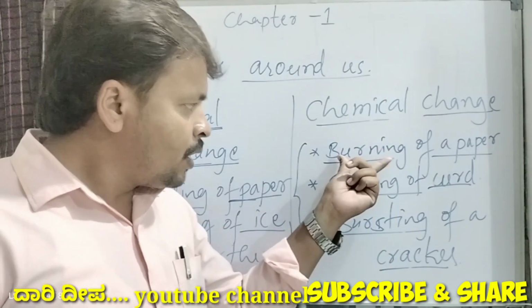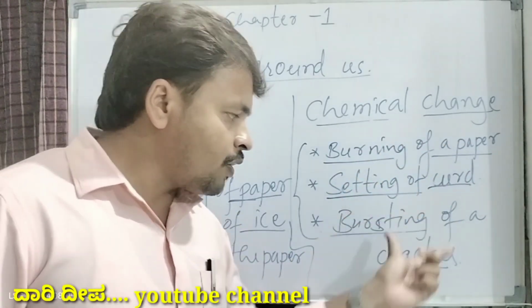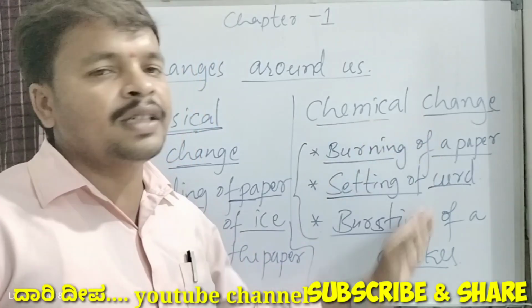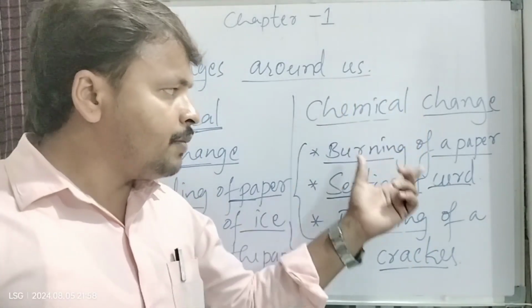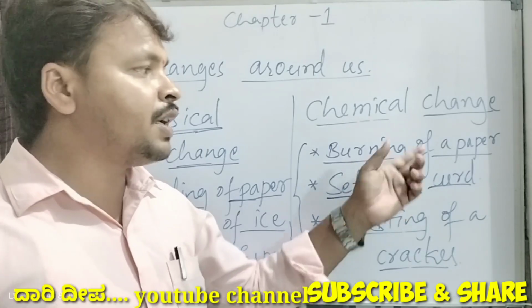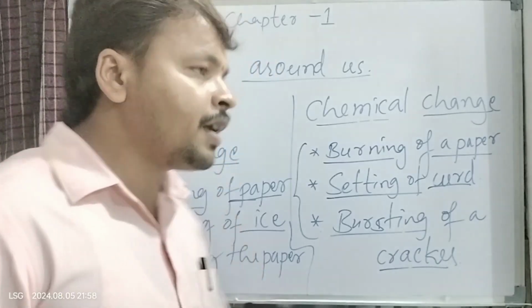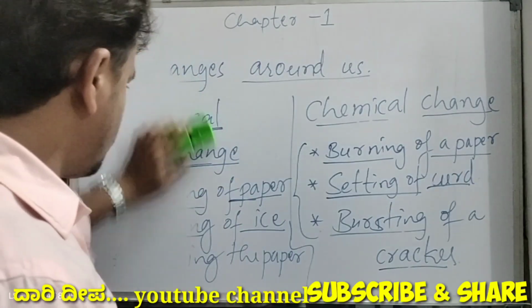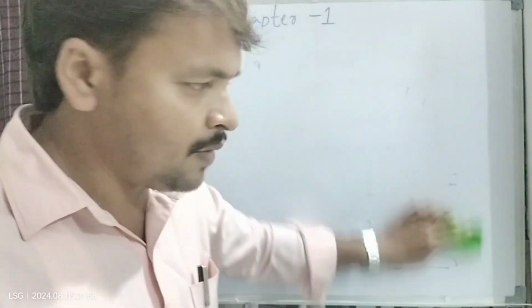For example, while burning a paper, setting of curd, or bursting of crackers, we can see chemical reactions. When the chemical reaction is taking place, new substances are produced. So we are going to discuss the chemical reactions here. I hope you have understood the difference between the physical and chemical change.